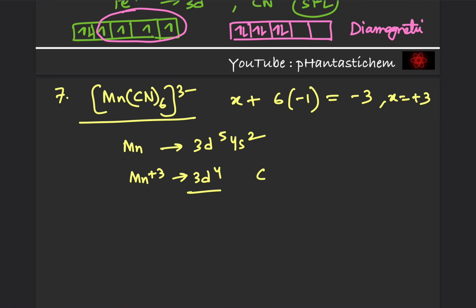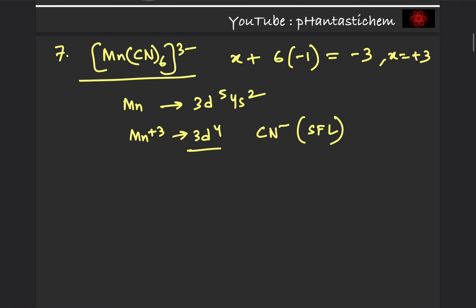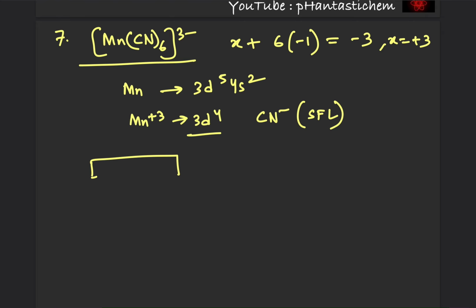The ligand is CN-, which is a strong field ligand, so it can cause pairing of electrons. So 3d4, 1 2 3 4, without pairing it will look something like this. After pairing, these two electrons pair up, so the situation will be something like this.